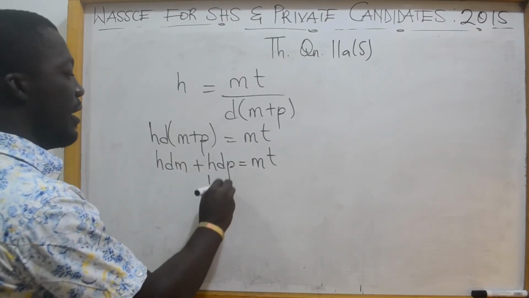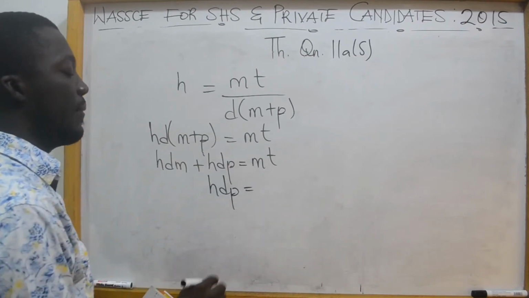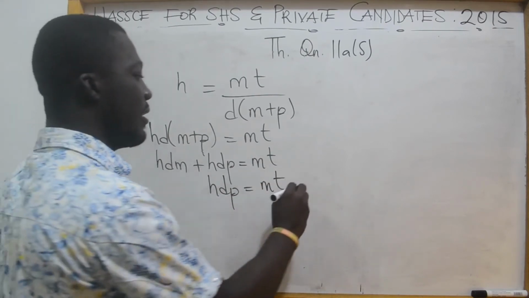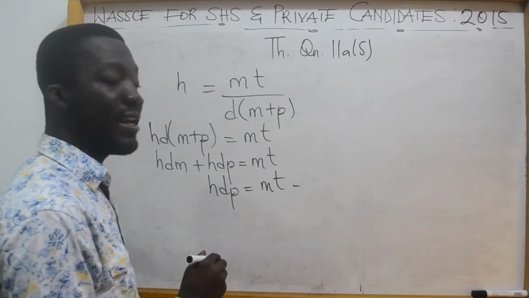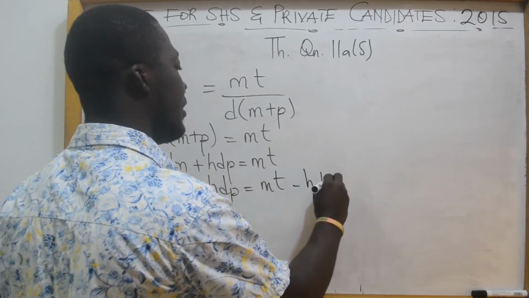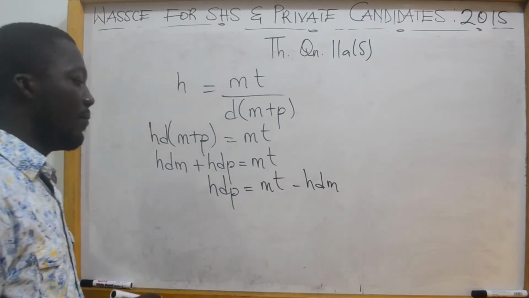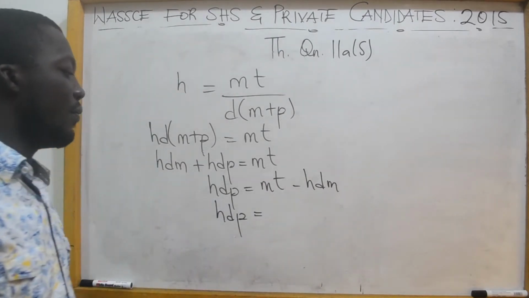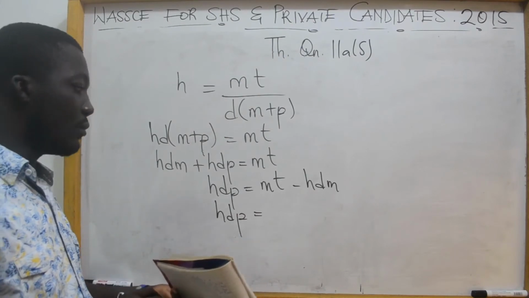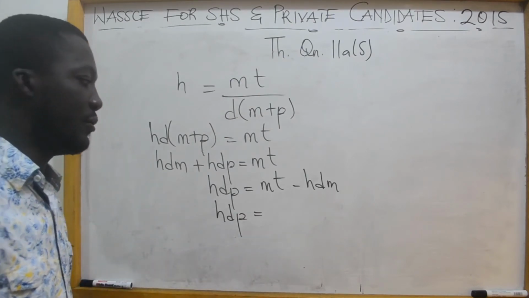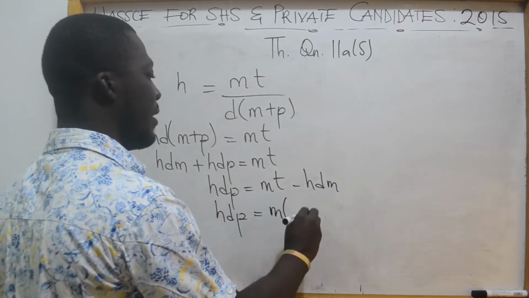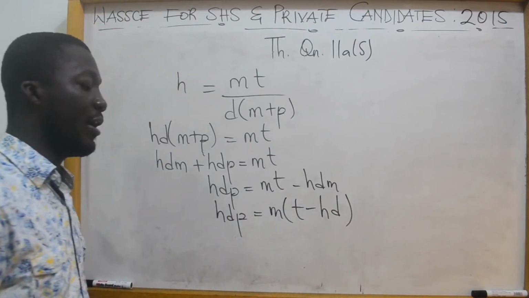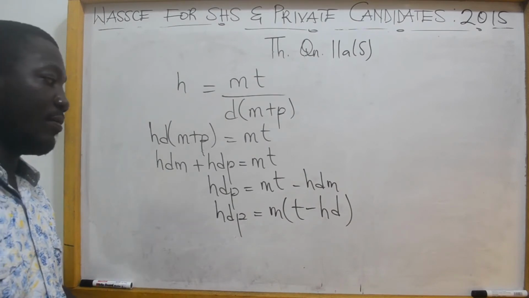So we will leave the HDP at the left hand side here, then transpose the HDM to the right hand side, which will become minus HDM. Then we have HDP. We want to factor M out. So we're going to get M into bracket T minus HD. And we want to find M.